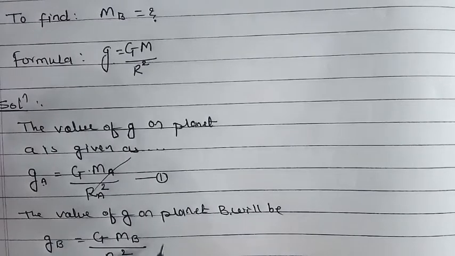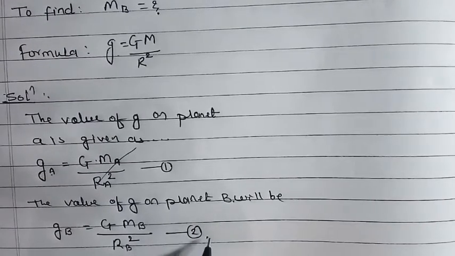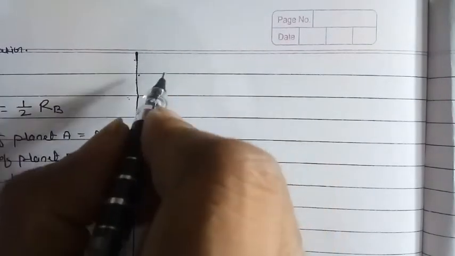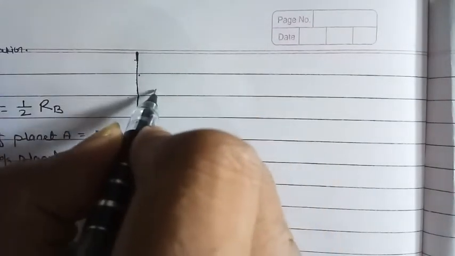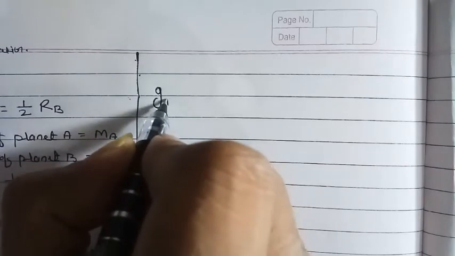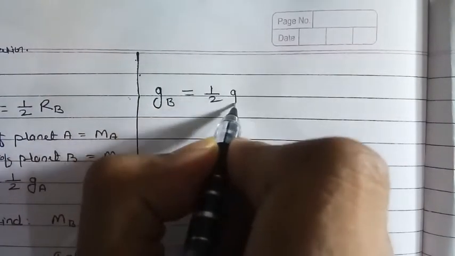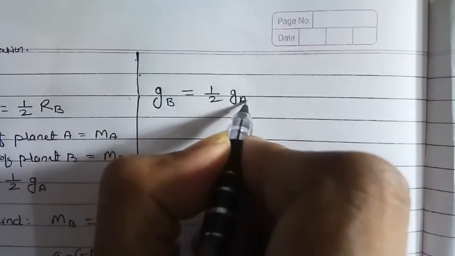So it is our second equation. We have the condition, and the condition is the value of g on planet B is half the value of g on planet A.